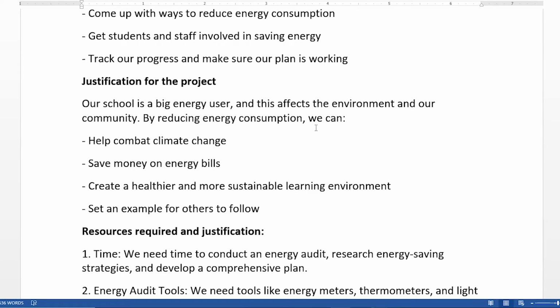By reducing energy consumption, we can help combat climate change, we can help save money on energy bills, we can create a healthier and more sustainable learning environment, and set an example. So if you look at this, this is a reason enough why the project exists or the benefit of this project.